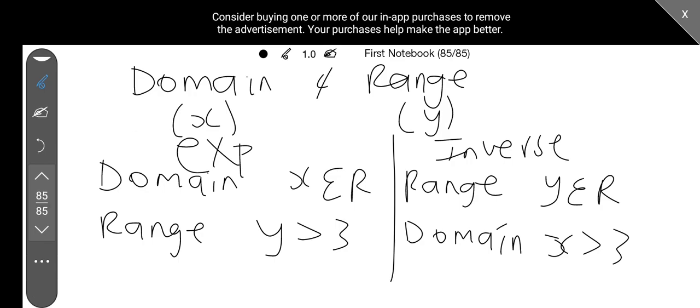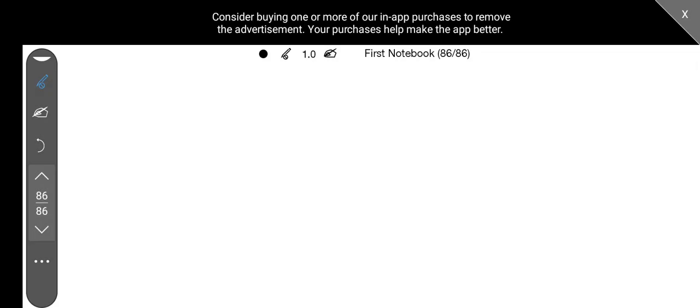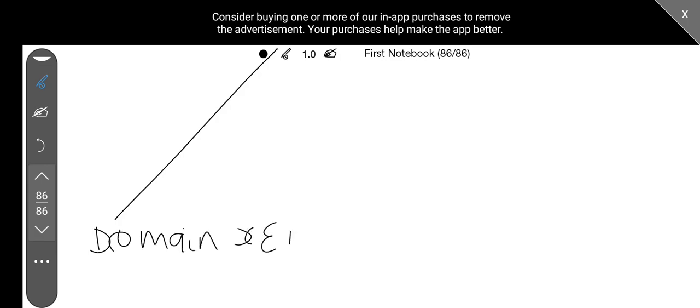So let's have an example. Suppose you are given a straight line function. We know that the domain of a straight line function is x is an element of real numbers, and the range is also y is an element of real numbers always.